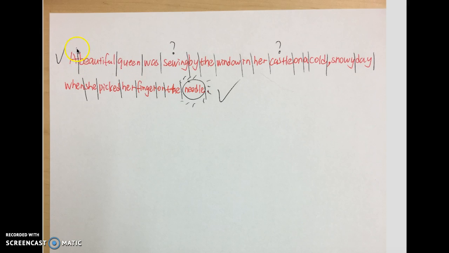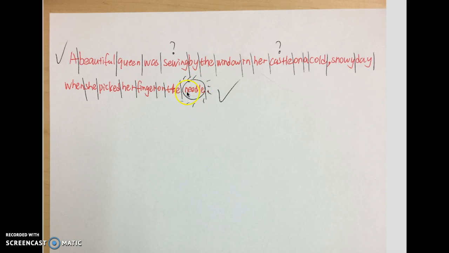So we use lines: beautiful, line, queen, line, was, line, sewing, line. After each word, students draw a line to show themselves or the teacher that it's a pause. The question mark means I don't understand those words.